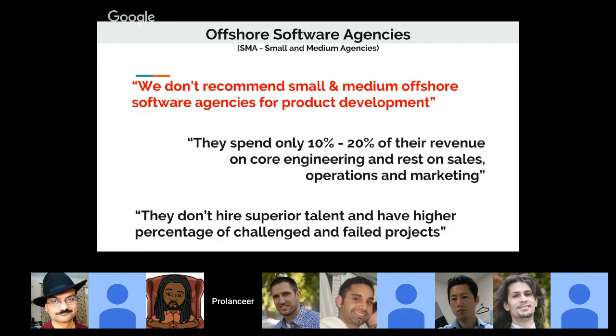So the probability that something will not work is very high, and the way most of the agencies work in Eastern Europe, India, Vietnam, or in other destinations, they basically serve as a middleman, because only 10 to 20% of your project budget is being spent on the engineering team.